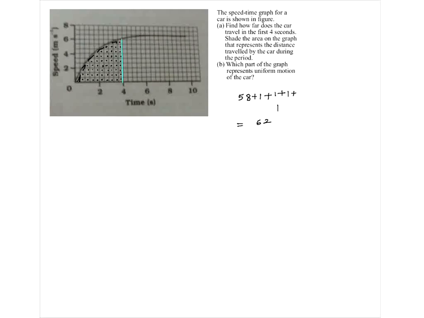Now let's look into the width part. 1, 2, 3, 4, 5. Width of one box, let's say, is x. So 5x is equal to 2. x is equal to 2 by 5, which is 0.4 second width.